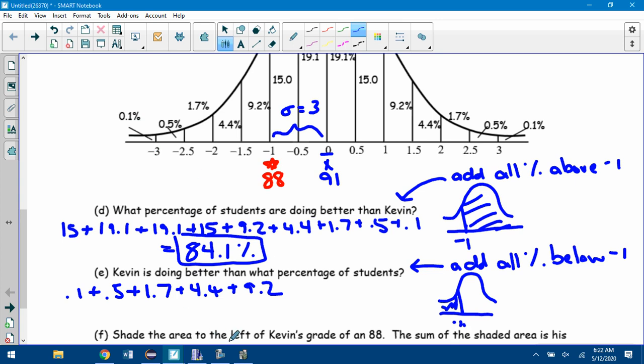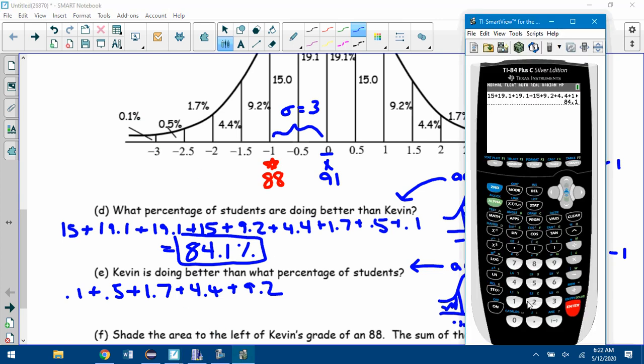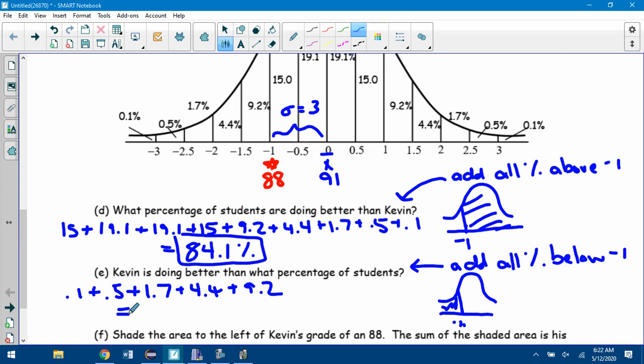Okay, so a little bit easier to add up. 0.1 plus 0.5 plus 1.7 plus 4.4 plus 9.2. And I get 15.9%. Anyone come up with a faster way to do that?